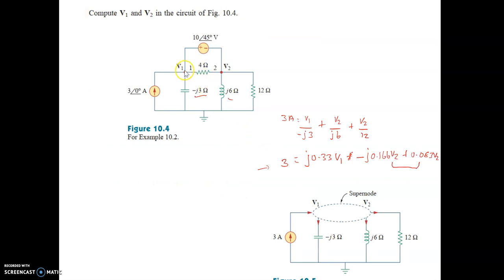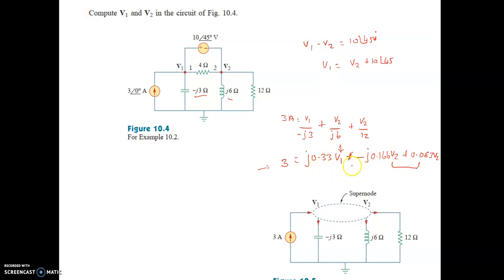The next thing is we have to apply KVL. Across the super node we have the 10 at an angle 45 degree voltage source. So we can write V1 minus V2 is equal to 10 at an angle 45 degrees. So V1 is equal to V2 plus 10 at an angle 45 degrees. You can substitute V1 in the KCL equation, so you will get only V2.